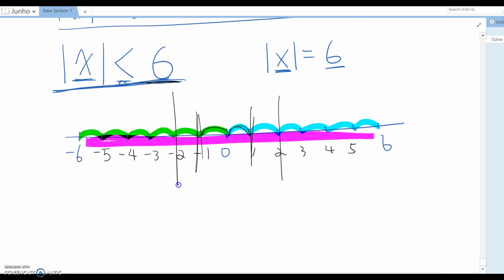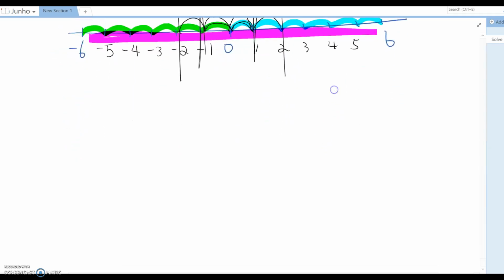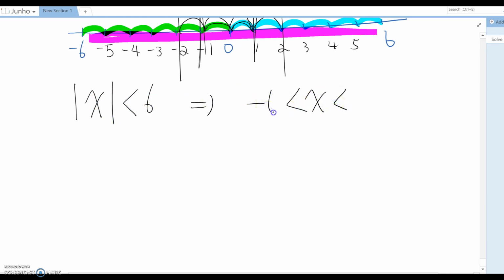And then 2 also, definitely less than 6 units. Therefore, whenever we indicate absolute x is less than 6, then this range becomes negative 6 and 6. Otherwise, this x value may be more than 6 units. So this x value must be between negative 6 and 6.